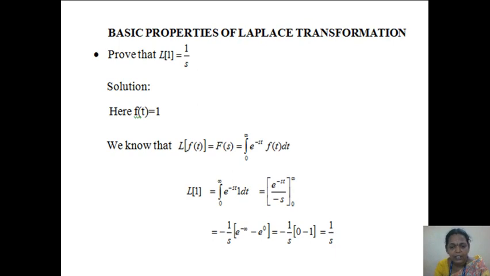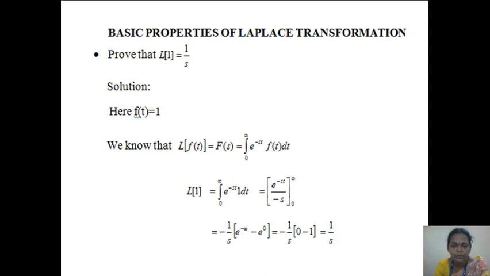Next, the integral of e power minus st into dt value is e power minus st divided by minus s, to the limit 0 to infinity. So 1 divided by minus s is a constant term, so taking it outside, we get, first substituting the upper limit infinity, e power minus infinity minus the lower limit e power 0.